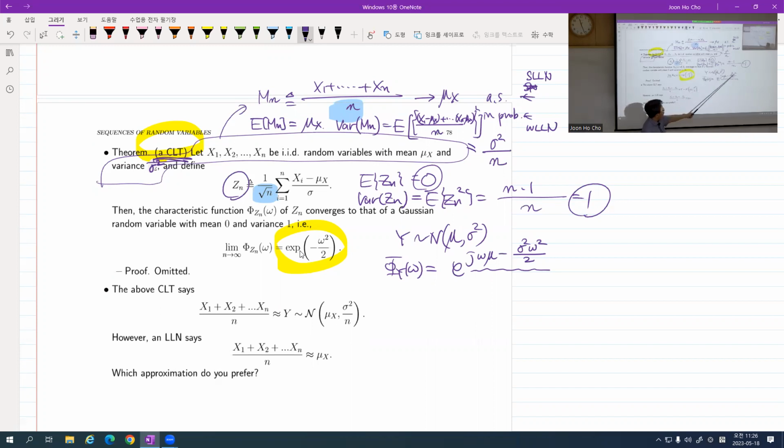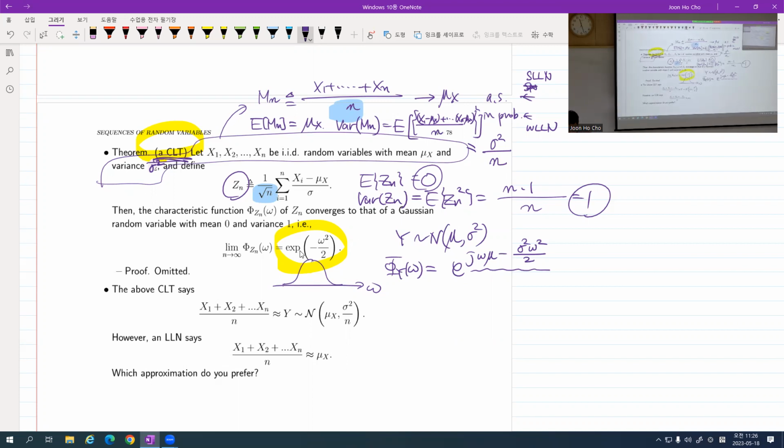The standard deviation is 1. So here you only have negative omega squared divided by 2. So this is a bell-shaped curve in the omega domain, and that is the characteristic function of the standard Gaussian. So let me emphasize, you had better normalize your terms when you show the central limit theorem.